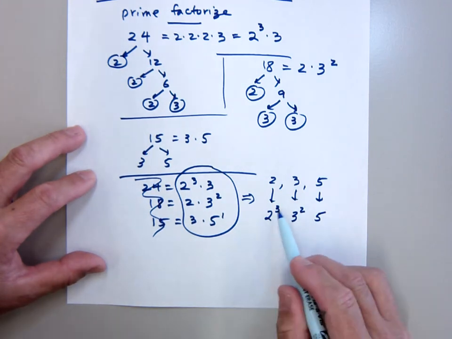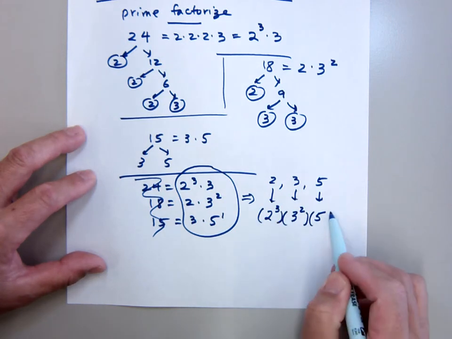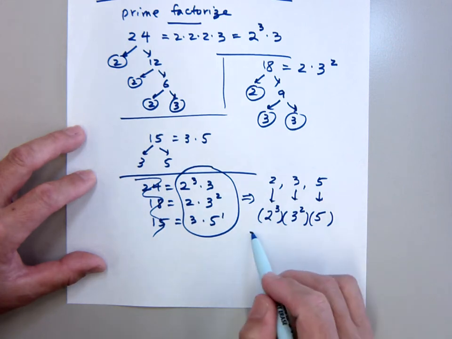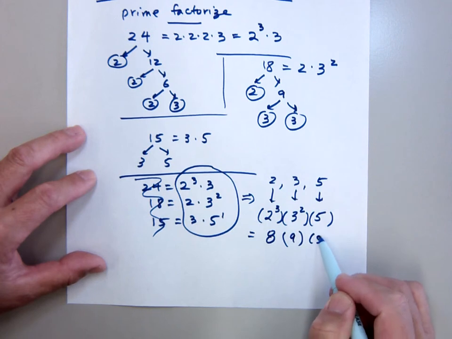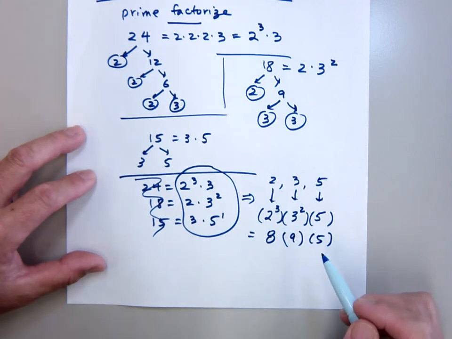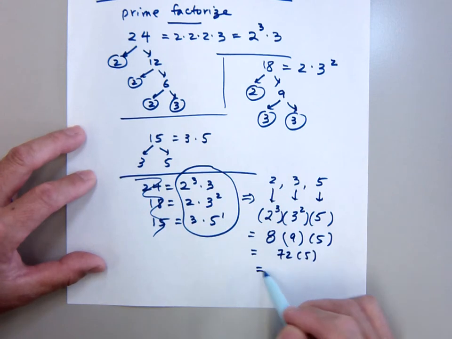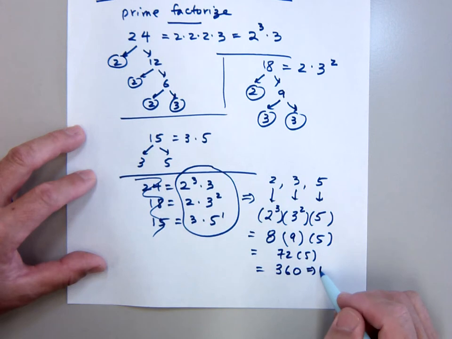Now with these three, we are going to form a product, meaning we multiply these three, which will be 8, 9, and 5. If you multiply those two, which is 72, times 5, that will give us 360. This is your LCD.